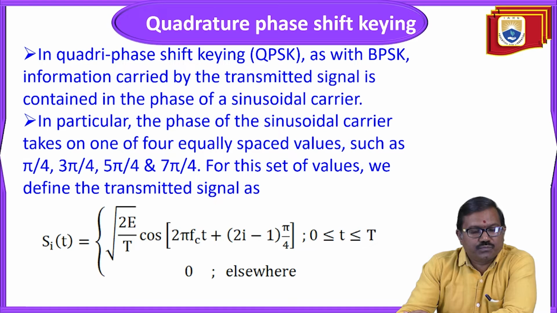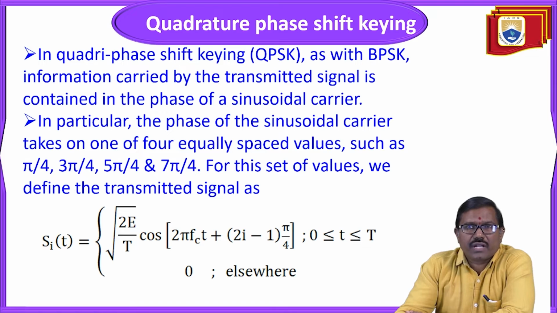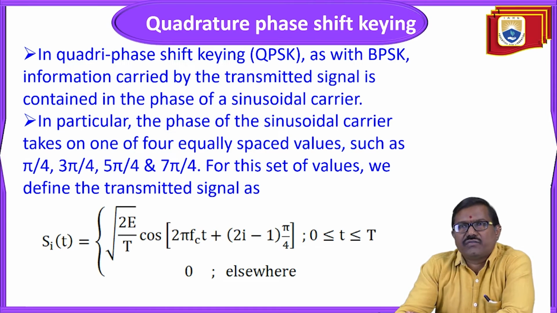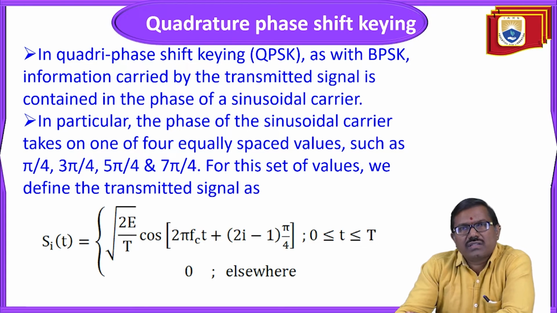Now in QPSK, as with BPSK, the information carried by the transmitted signal is contained in the phase of the sinusoidal carrier. In particular, the phase of the sinusoidal carrier takes on one of 4 equally spaced values, such as pi by 4, 3 pi by 4, 5 pi by 4, and 7 pi by 4.